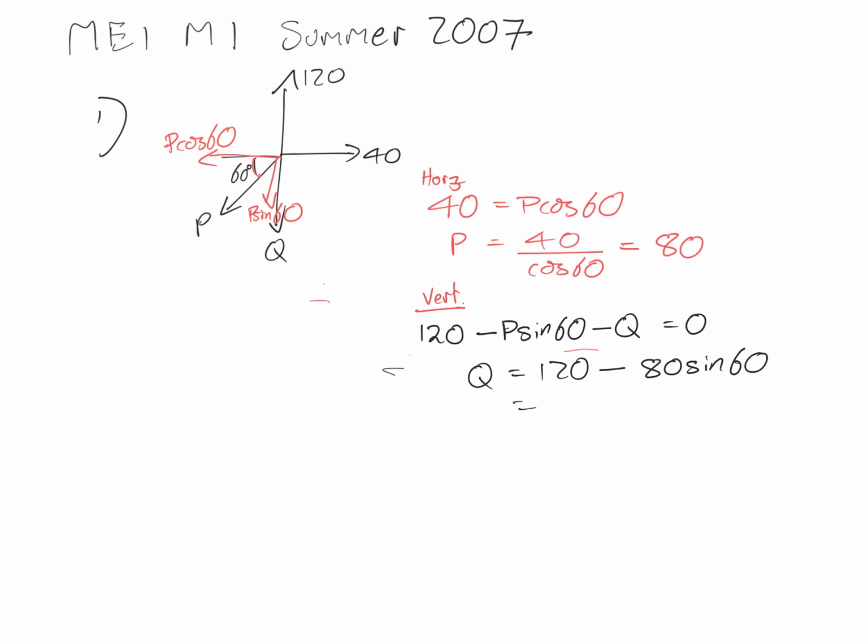And that's 120 minus 80 sine 60, which is 50.7 newtons. We'll probably ought to put some newtons on that one too. There we go. So that's part 1 and part 2.